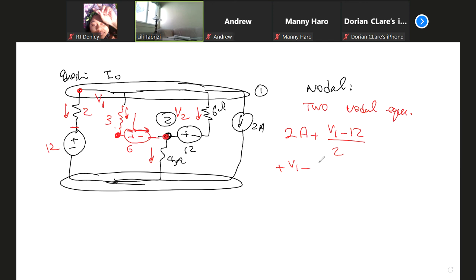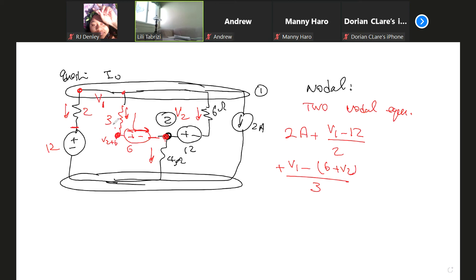So the voltage at this node minus the voltage at this node, you have to use the immediate nodes. This voltage is V2 plus 6 volts. So it's V1 minus V2 plus 6 volts, divided by 3 ohm.